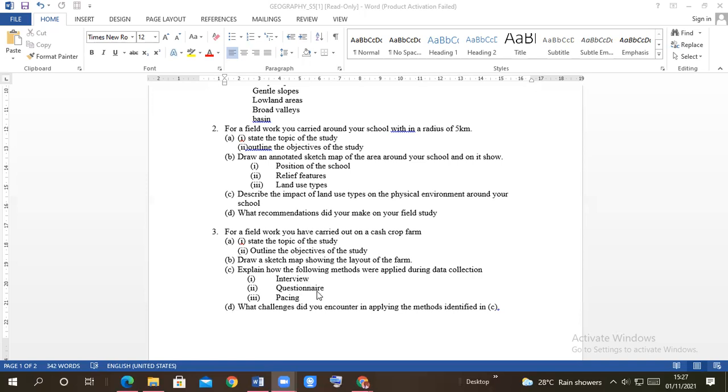Questionnaire. The method used in data collection, which involves drafting questions and sending them to the respondent to get feedback through using platforms like SMS, Facebook, WhatsApp, Twitter, among others.